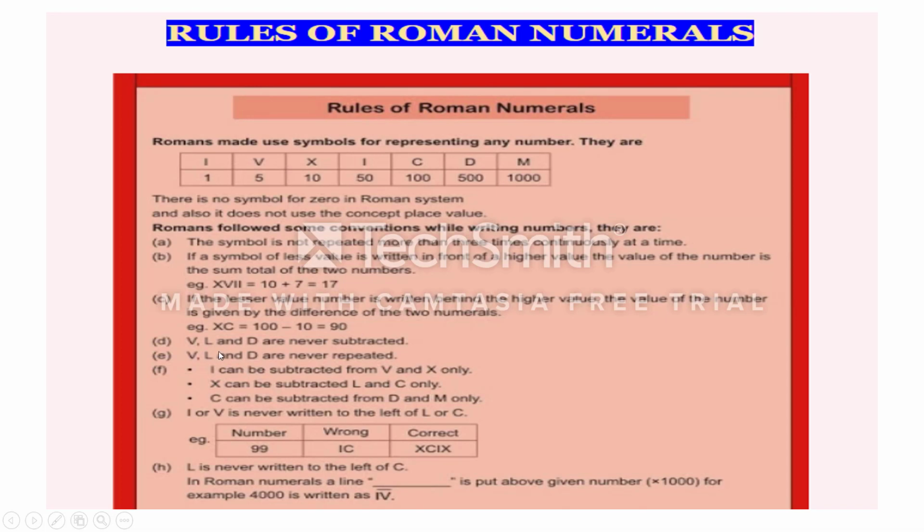So now children, we have the rule that V, L and D can never be subtracted. V stands for 5, L stands for 50 and D stands for 500. And they are also never repeated.